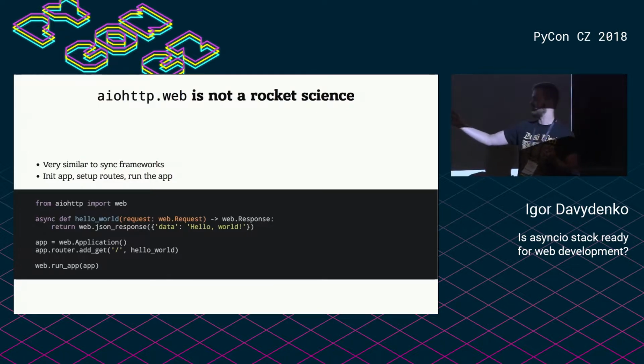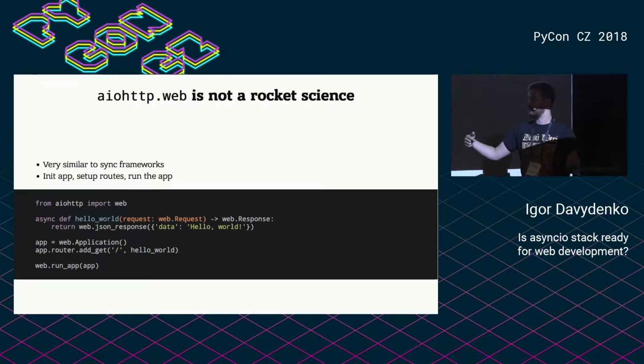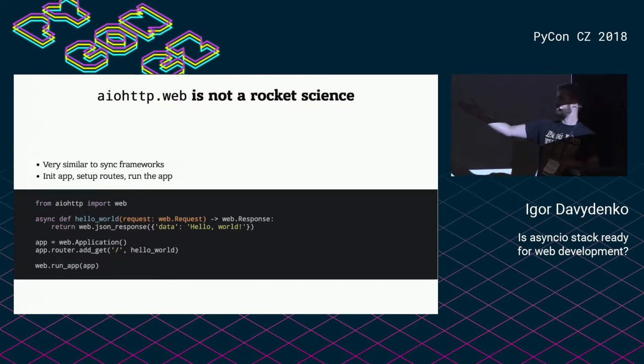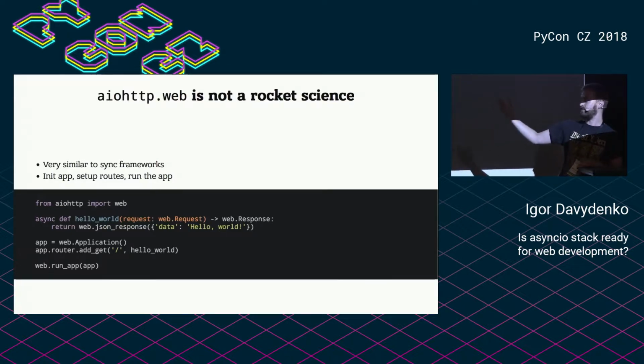First difference is we don't use a decorator, but we can already use it in 3.3 to decorate our route. And the second one, we have a coroutine to be executed instead of the normal Python def function. So it's not rocket science.